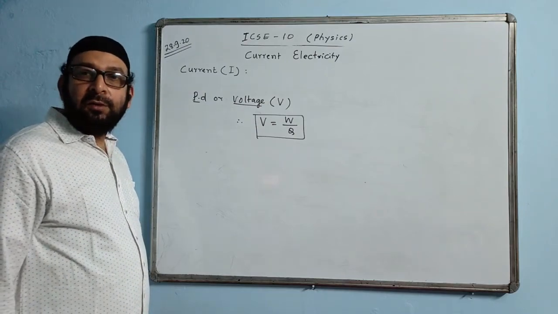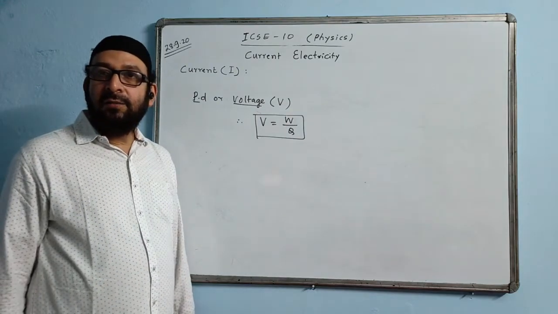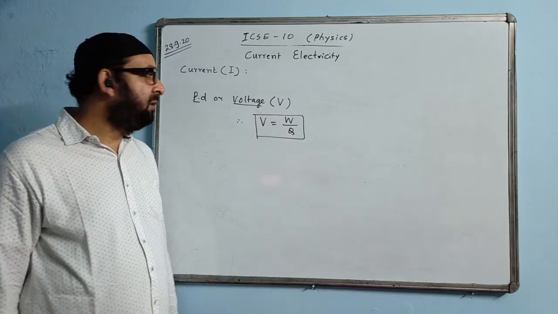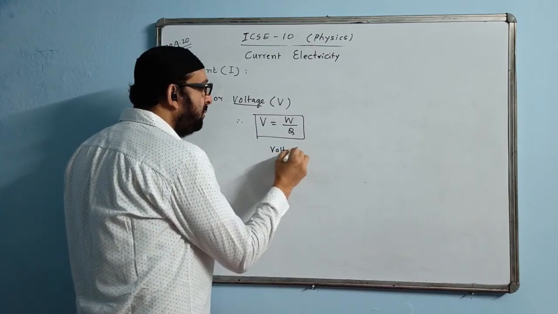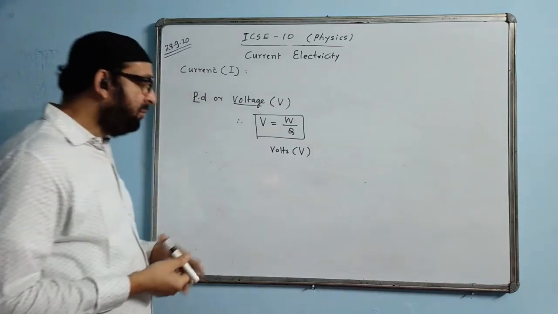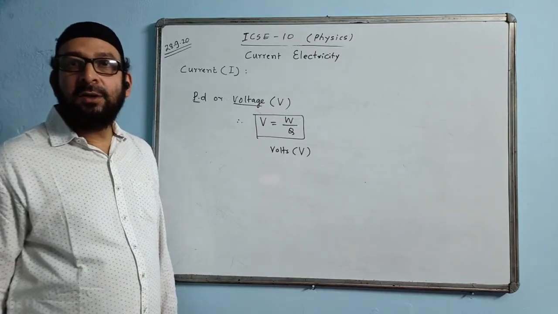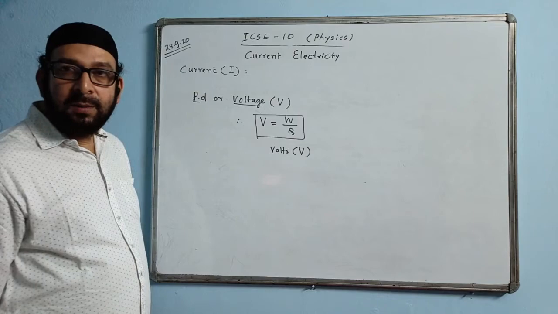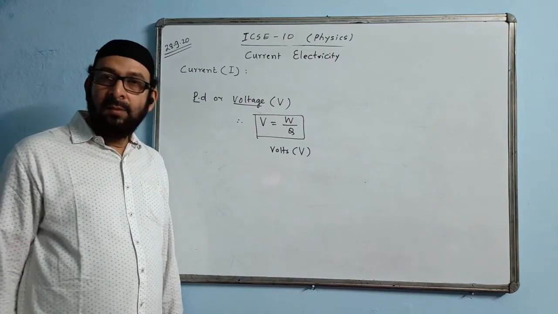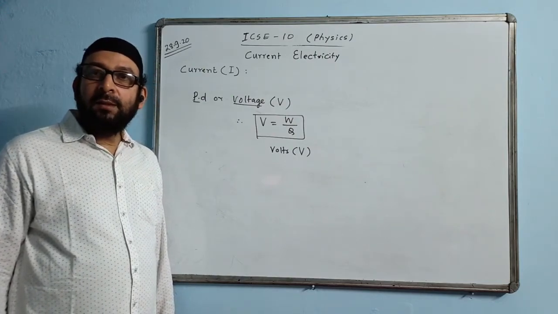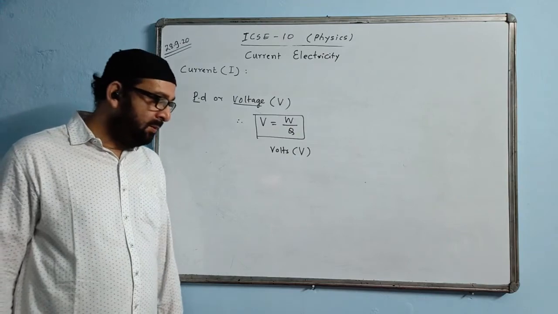Okay, right? The SI unit of potential difference is volts, denoted by capital V, and it is measured by the instrument called a voltmeter.